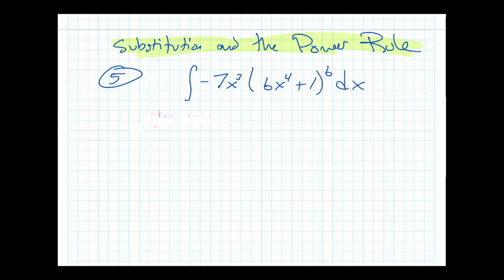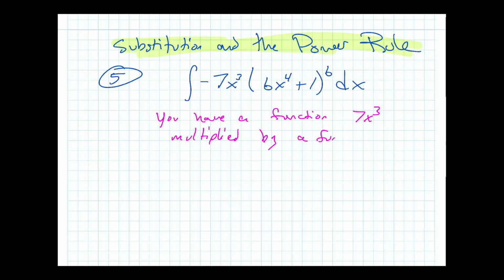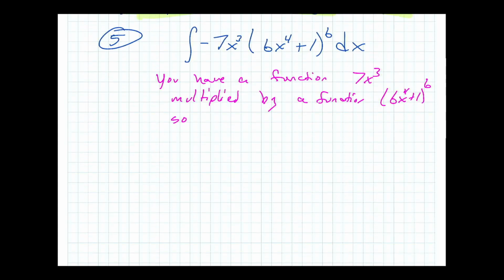Let me just say it's not basic because you have a function, 7x cubed, multiplied by another function, 6x to the 4th plus 1, to the 6th. So it's not just regular power rule. It's more complicated than that.